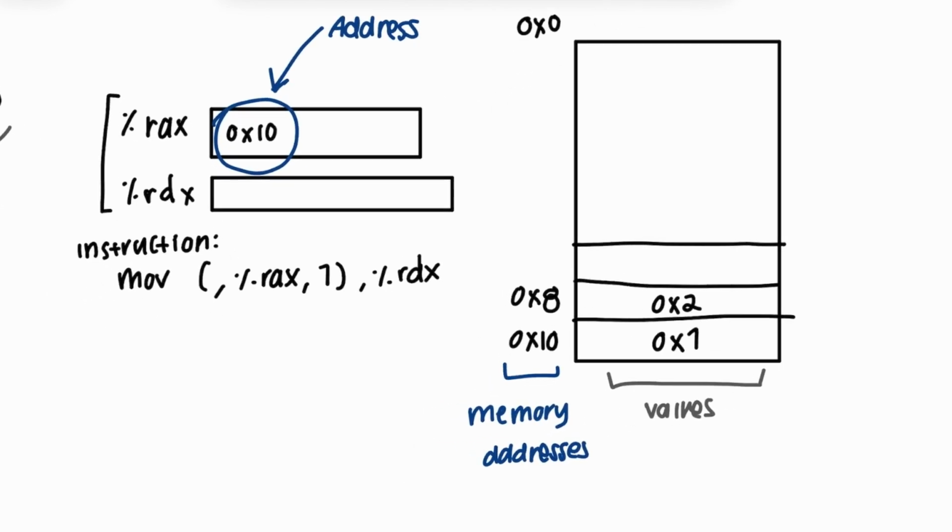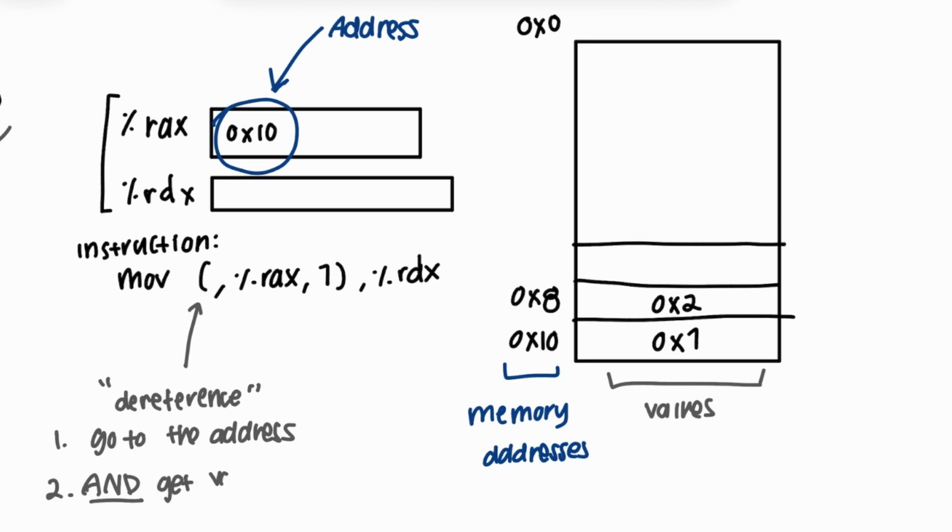So when we look at this instruction, the first thing we should notice are the parentheses. This means that we're doing a sort of dereferencing move where you first need to go to the address and get the value starting at the address.